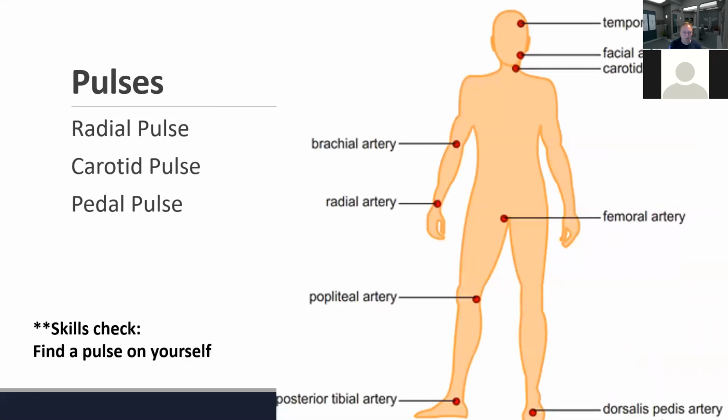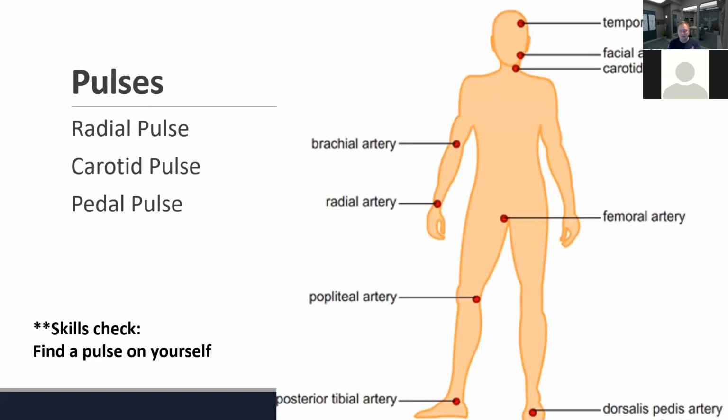So again, here are pulse points. A pulse point is really any place that an artery crosses over top of a bone, where you can press the artery between the surface of the skin and the bone and feel the pulsation. We can also use these pulse points as pressure points to help slow the flow of blood beyond that area.